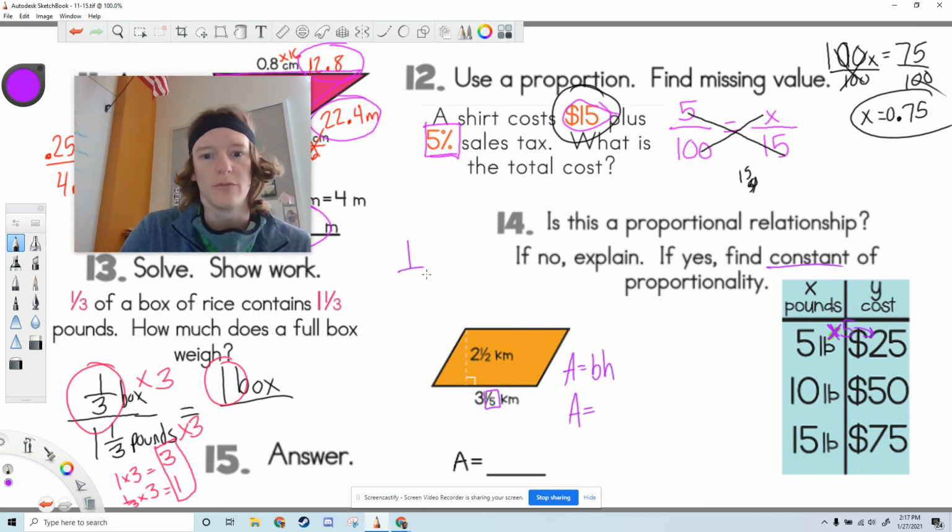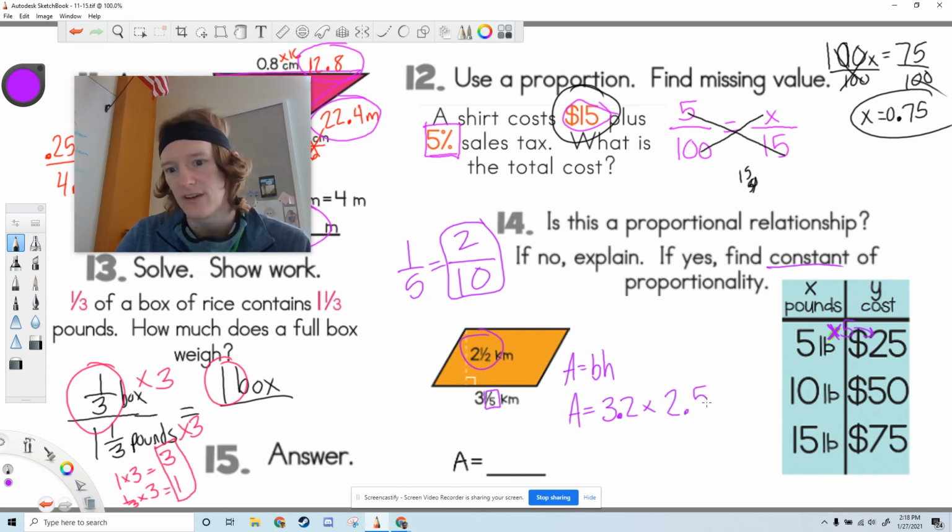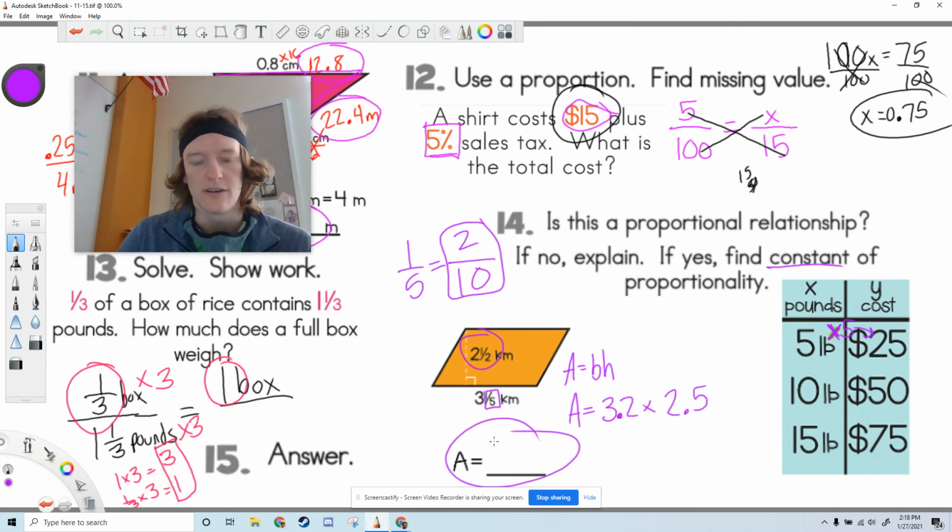You could also think, 1/5 is how many tenths? Well, it'll be 2 tenths. So this will be 3.2 times 2.5. Multiply those. There's your area. Don't forget your label for area.